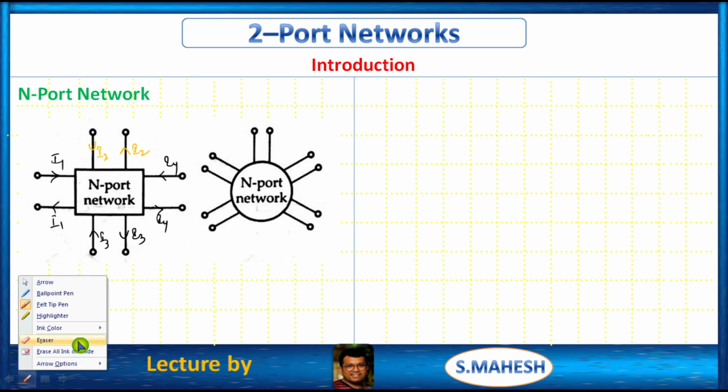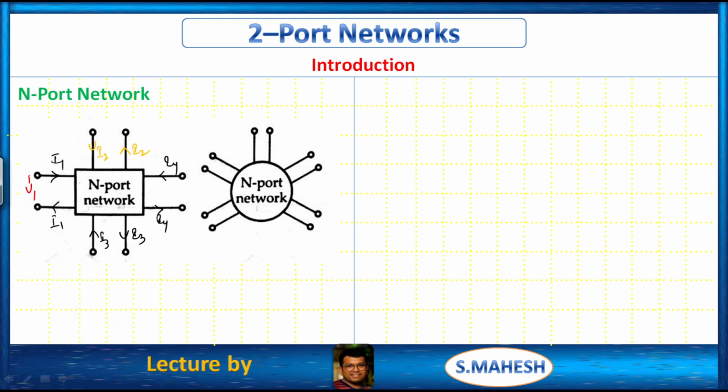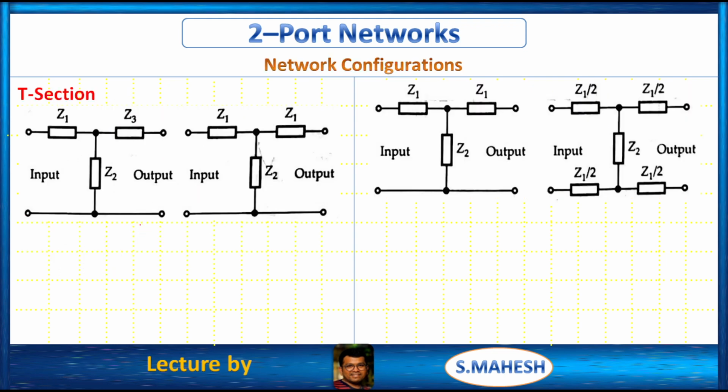So across this we have a voltage. Let us say this is V1, this is V2, this is V3, this is V4. That's it. This is the example for n-port network. Now we have to discuss the network configurations of two-port network.